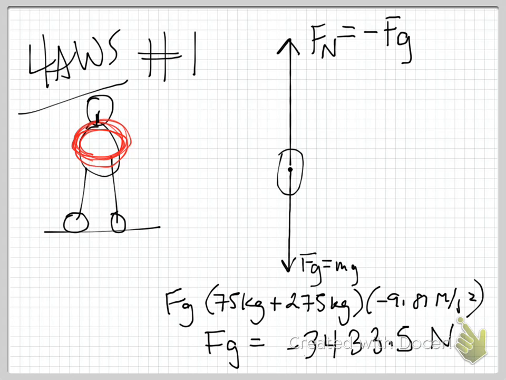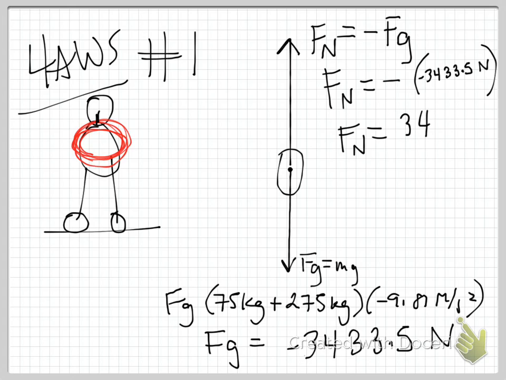Okay, so if Fn is equal to the negative of this number, copy, paste, shrink, then Fn is equal to what? 3,433.5 newtons.